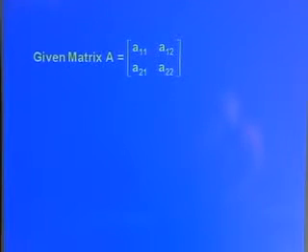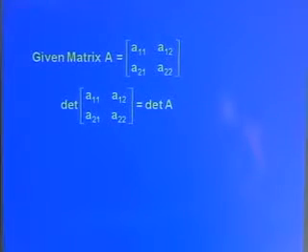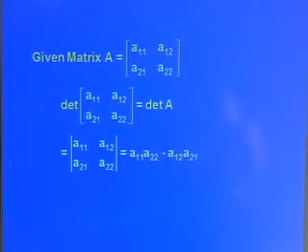Now given this matrix A as a11 a12 in the first row and a21 a22 in the second row, one can define the determinant of the matrix, which we denote by determinant A, as a11 a22 minus a12 a21.